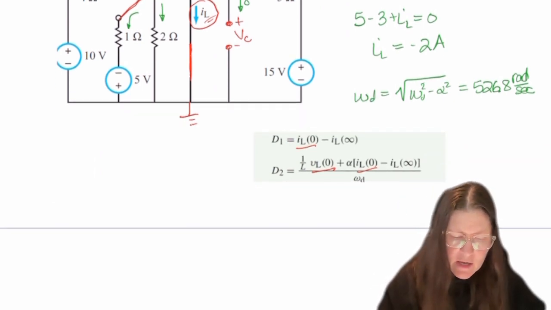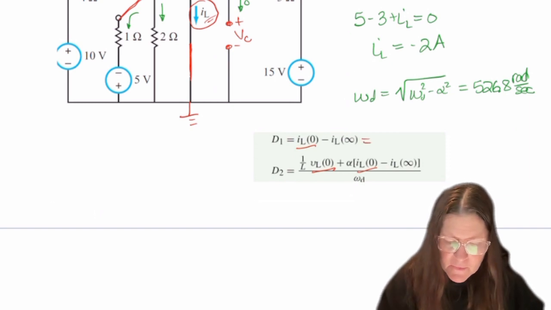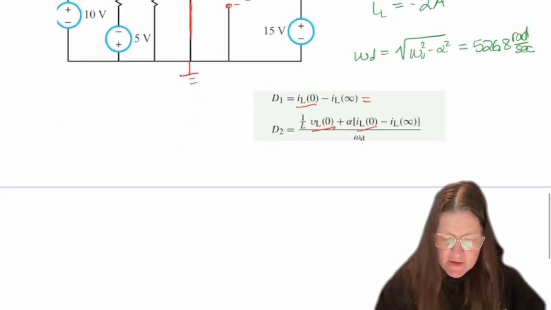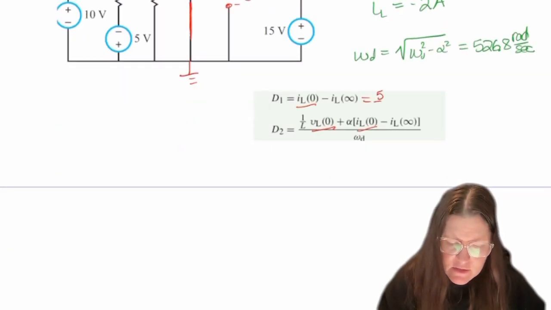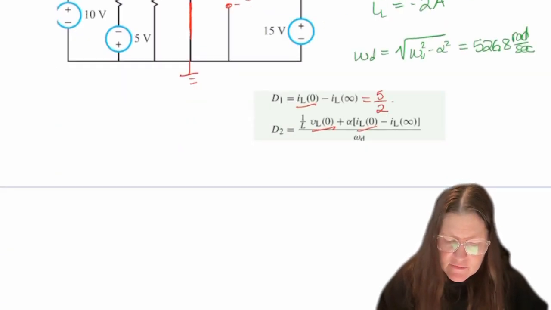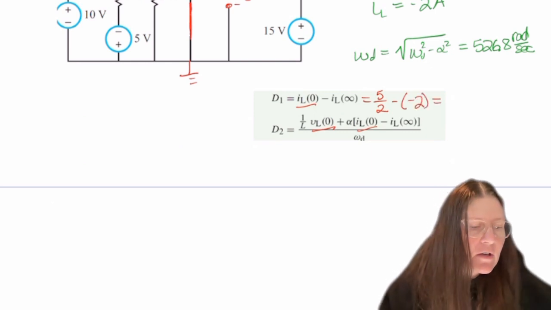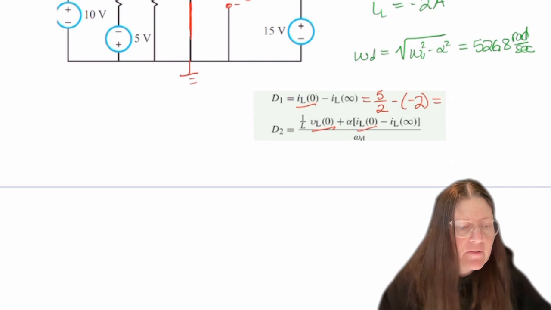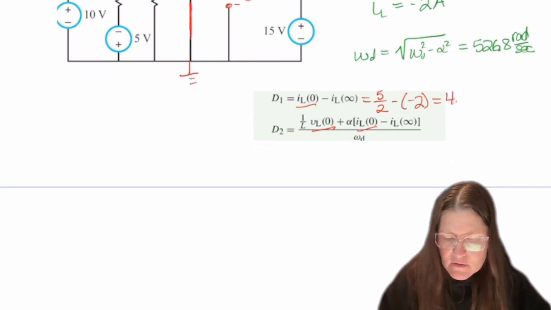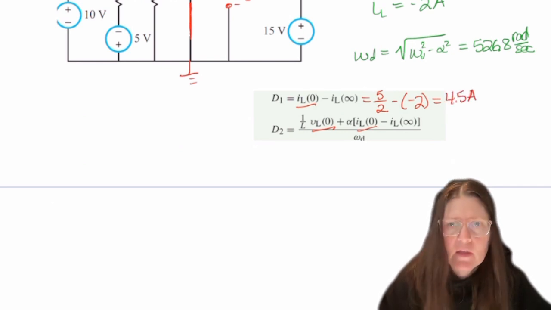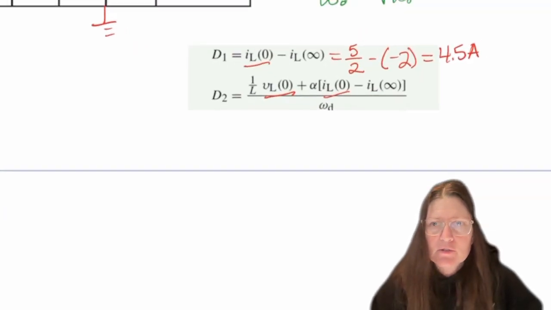And so we have, for this one, IL was, I think, 5/2. Yep, 5/2. And then we have a -2. So we get 4.5 amps.